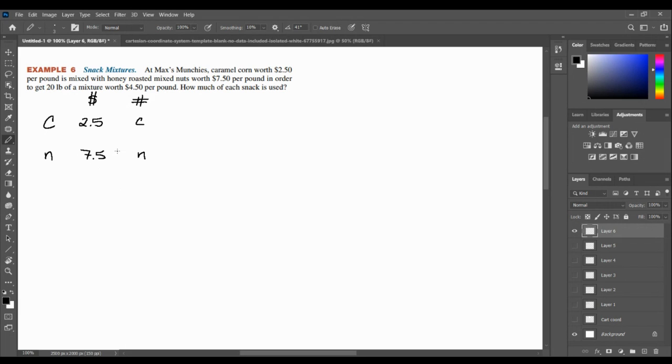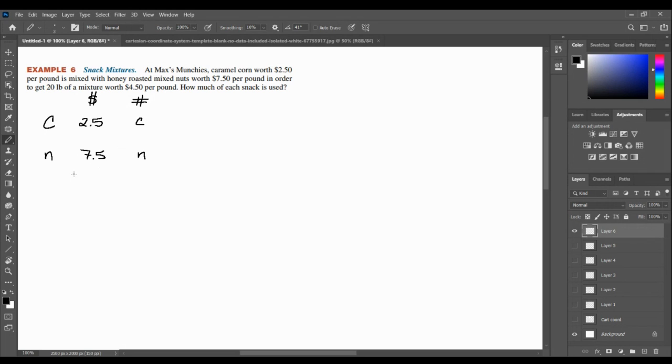Now, if I give you a price per pound, and say we buy 2 pounds of that, you would multiply the price by the number of pounds, right? And so I think we may have to do something like that. Our price per pound times pounds is the total cost.